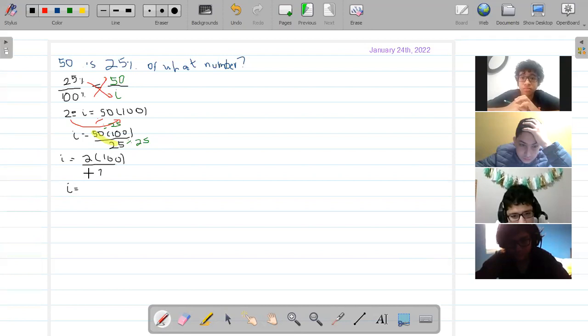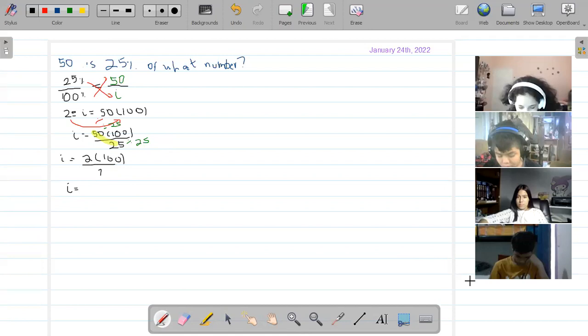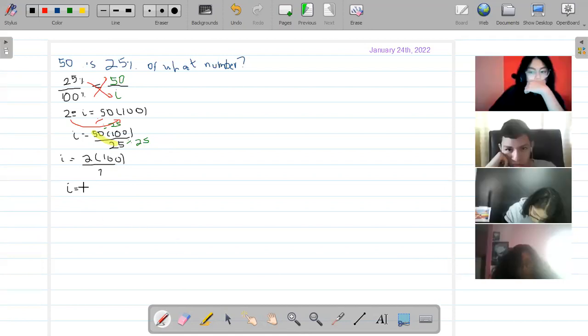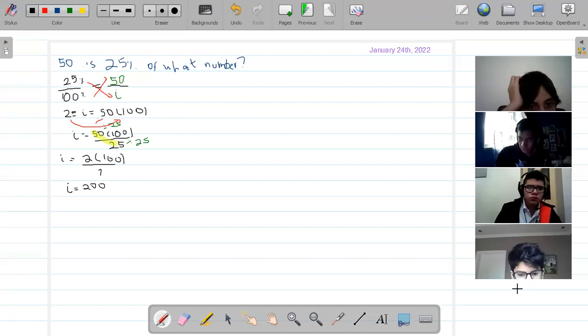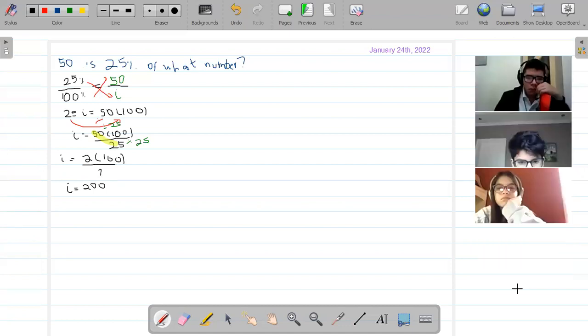Now I just go ahead and multiply. So I is going to be 2 times 100. 200 over 1. Do I need to have a denominator 1? No. So I just leave it like that.